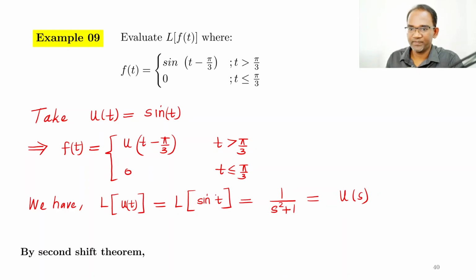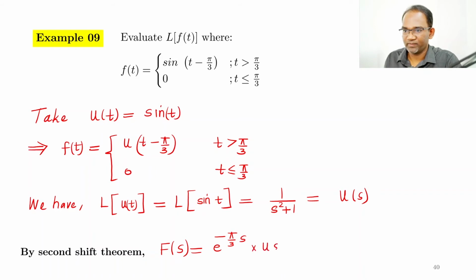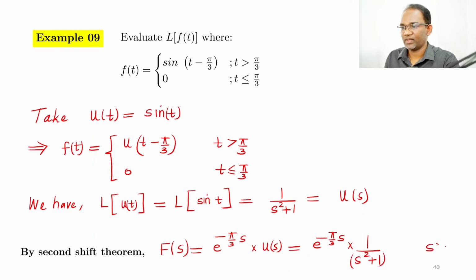And when we use the second shift theorem, we have F(s) as equal to e raised to minus pi by 3 s times U(s), where the value of a is pi by 3, and this is equal to e raised to minus pi by 3 s times 1 over (s square plus 1), provided s greater than 0. So this is how we solve the problem using the second shift theorem.